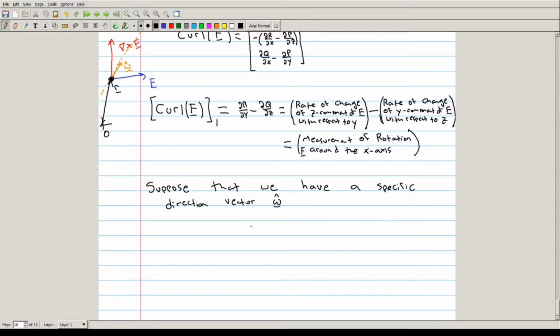We know that the dot product of any unit vector with any other vector is the projection of that vector in that direction. So the curl of the vector field F dot product with omega hat is exactly equal to, well, in terms of our nice curl formula, the cross product of the del operator with the vector field F, dot product omega hat.